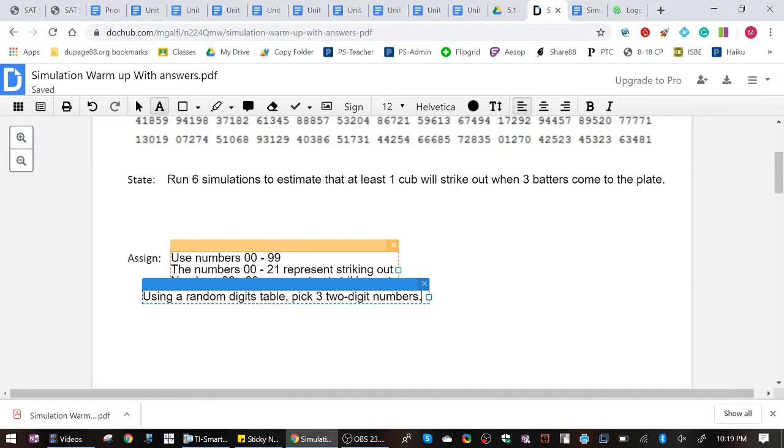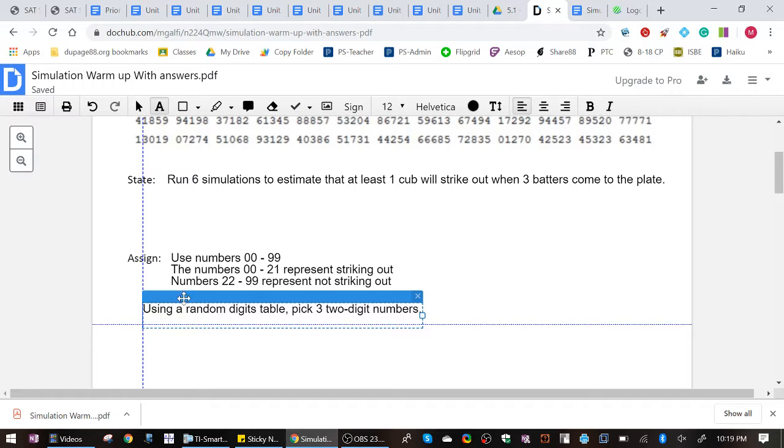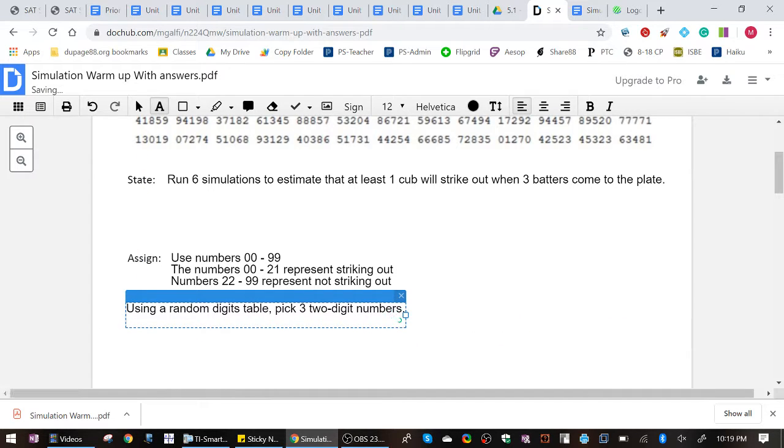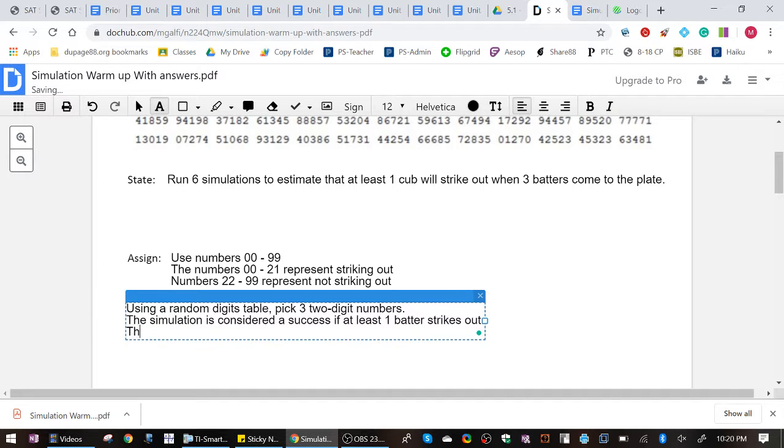These two-digit numbers represent each batter. The simulation is considered a success if at least one batter strikes out. And we'll say the simulation is considered a failure otherwise.